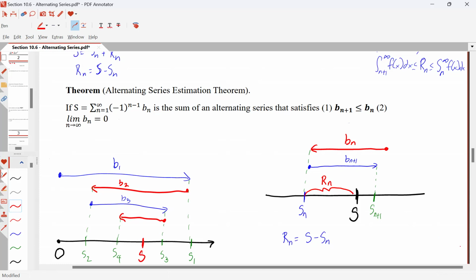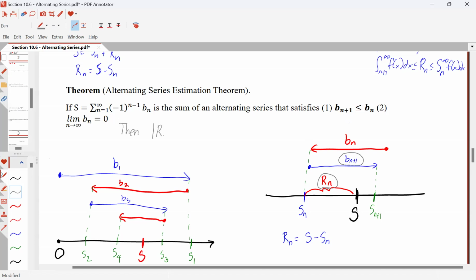It's because based on this theorem, we can relate that next term and the remainder together. The next term is going to go past the sum, meaning the next term is bigger than the remainder part. So that is the statement.